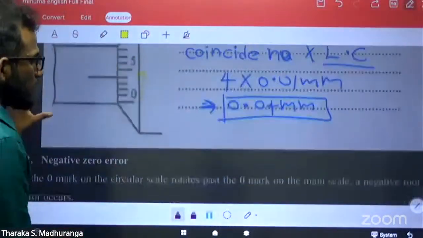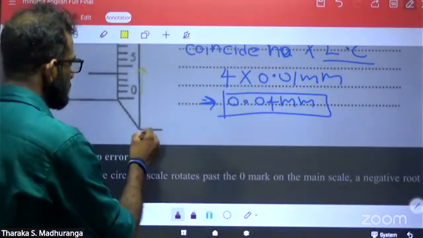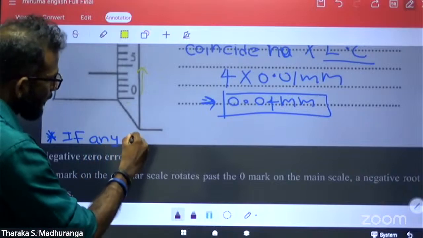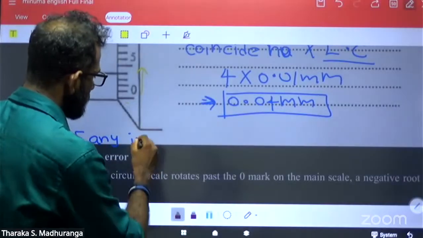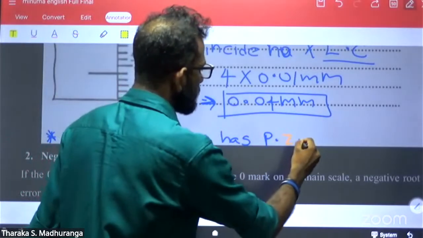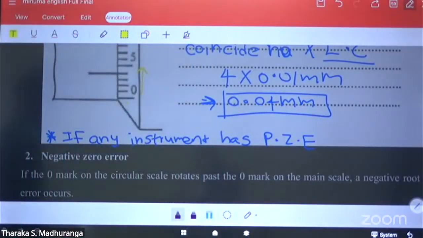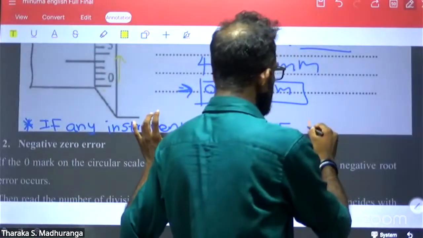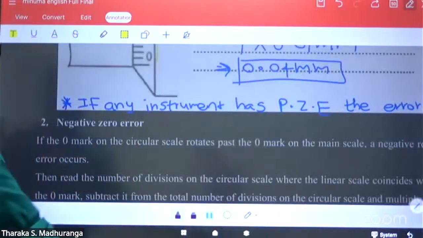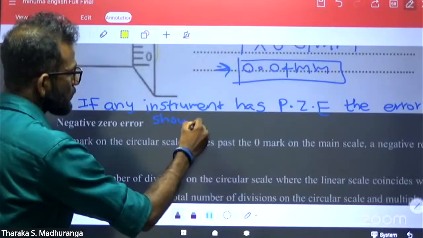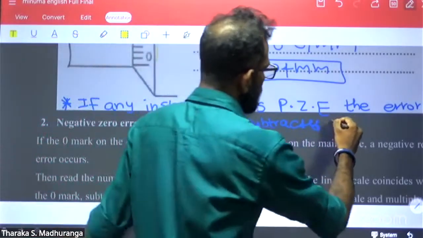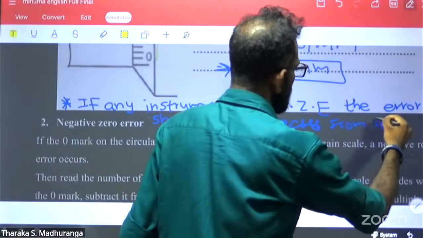Remember, to get the accurate reading, note down here with a star mark: if any instrument has positive zero error, the error value should be subtracted from the instrument given reading.